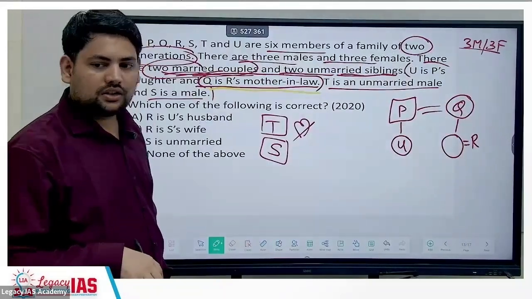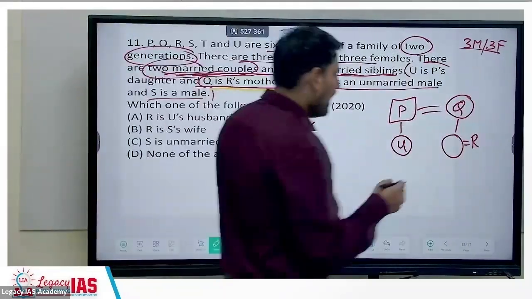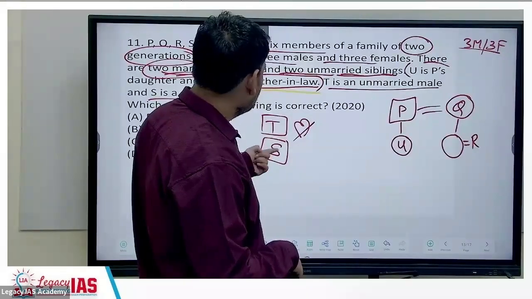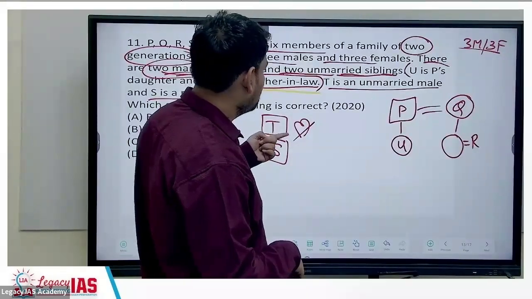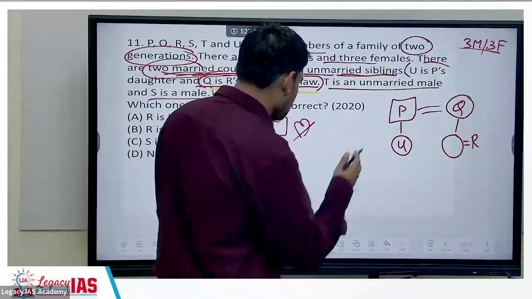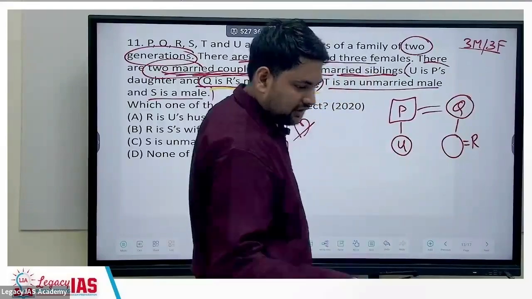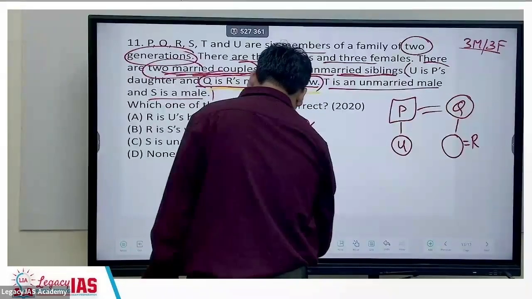Wait. S is male, T is male, and P is male. So three males are done. So the rest should be three females. Wait. T, S, P are males and Q, R, U are females. Okay, so they have to lie here only, no?